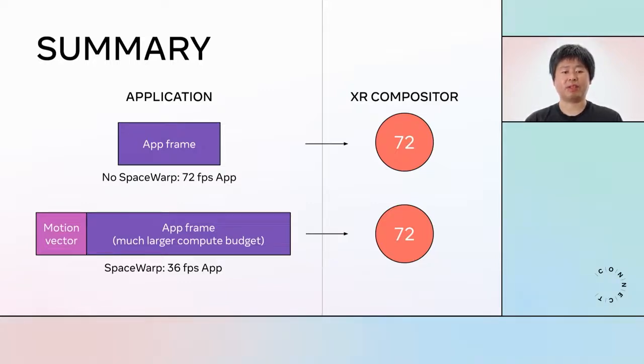It stays at 72, but the application itself only needs to perform rendering at 36 fps. That's how we can maintain such a high quality bar with often very few or no perceptible artifacts when enabling application Spacewarp. And of course, the app enjoys a huge compute budget increase per frame along the way.